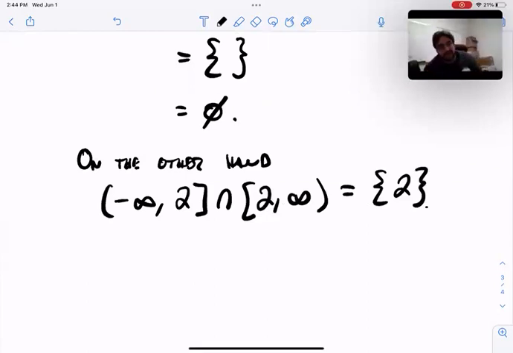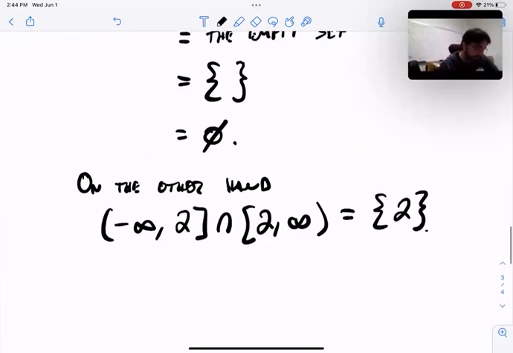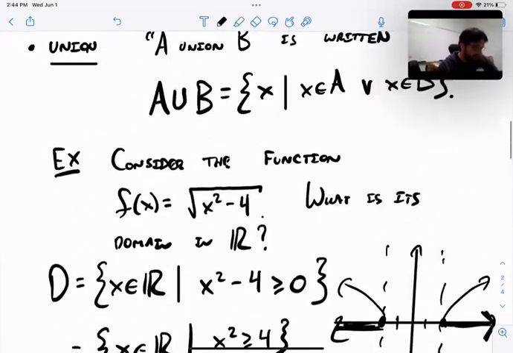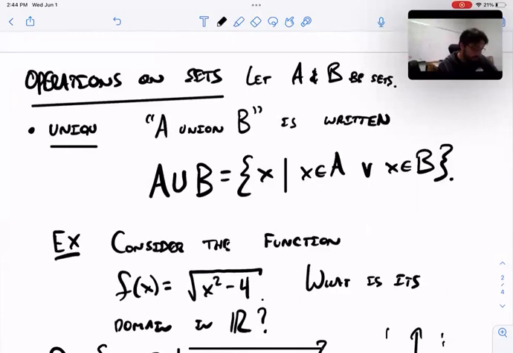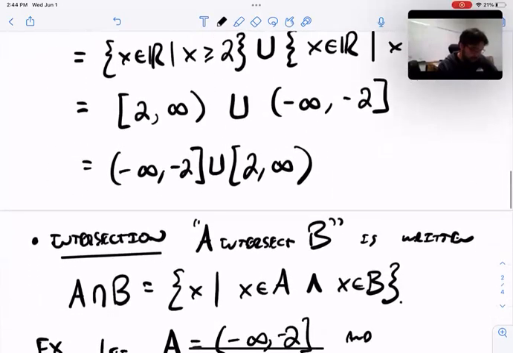And a set containing just 2 is probably easiest to write in roster notation, since it only has one element. So just put the curly braces, put a 2 inside, and call it good. So there are two examples of intersections, one empty, one non-empty. So there we have our first two operations with sets, union and intersection.